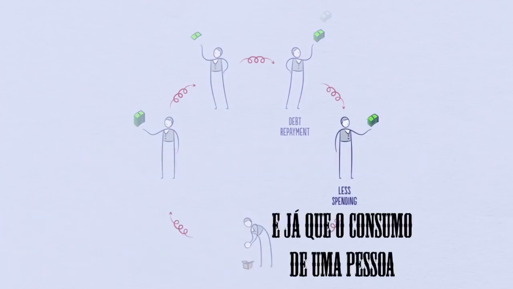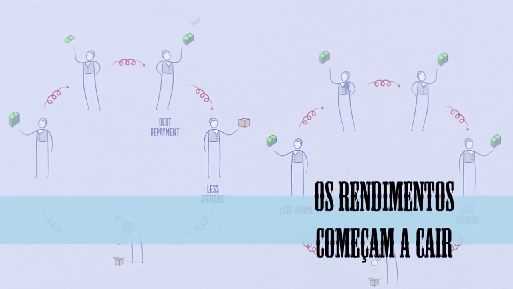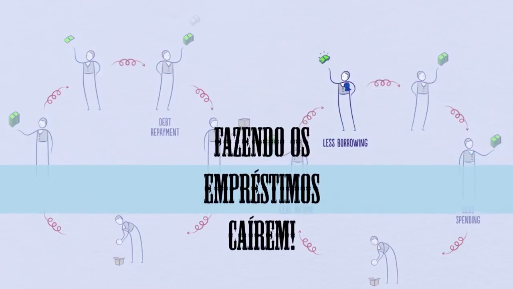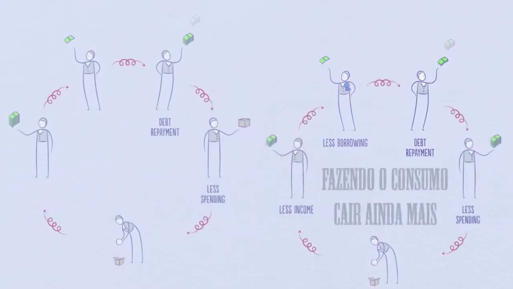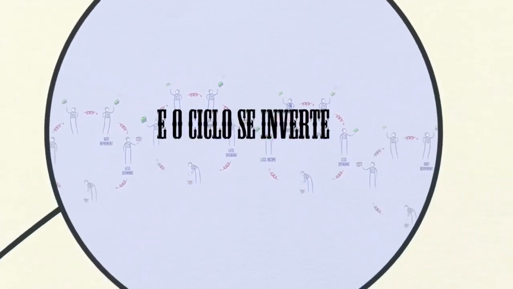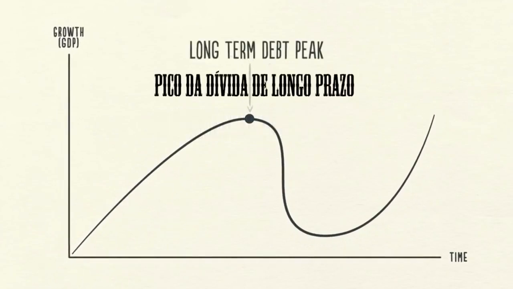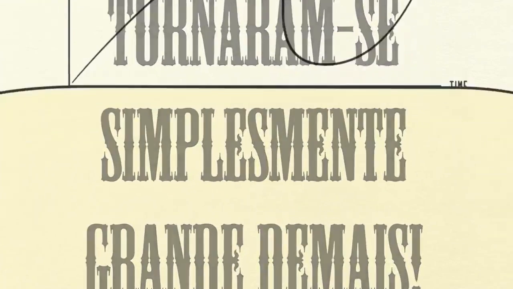And since one person's spending is another person's income, incomes begin to go down, which makes people less creditworthy, causing borrowing to go down. Debt repayments continue to rise, which makes spending drop even further. And the cycle reverses itself. This is the long-term debt peak. Debt burdens have simply become too big.